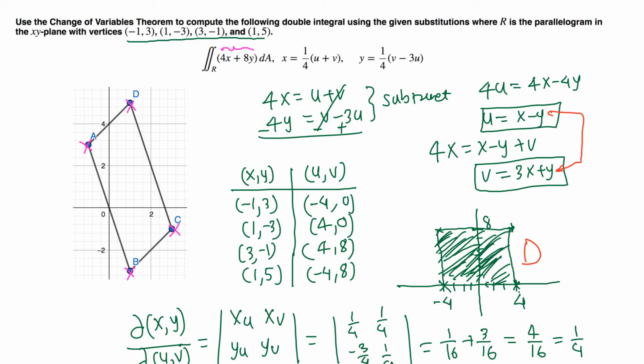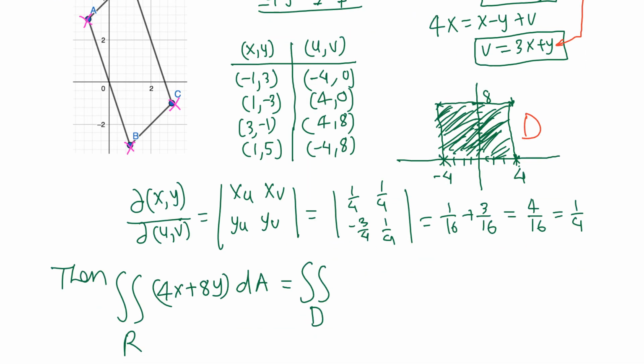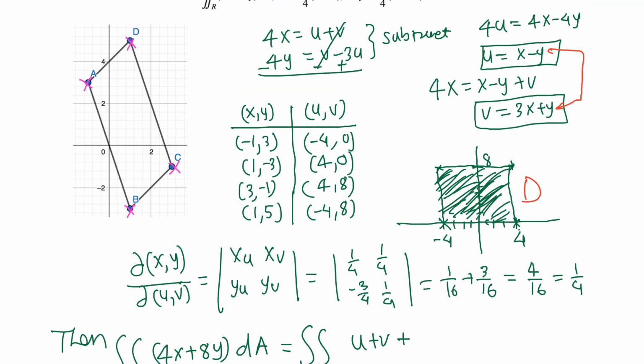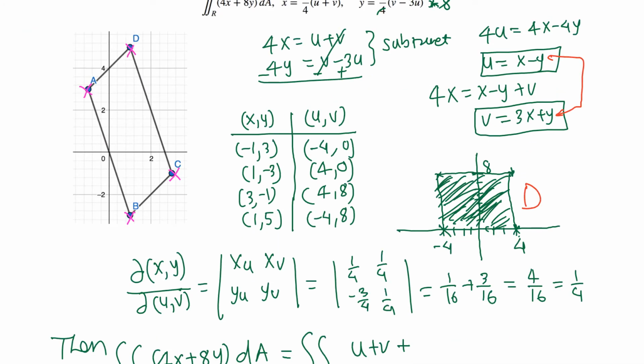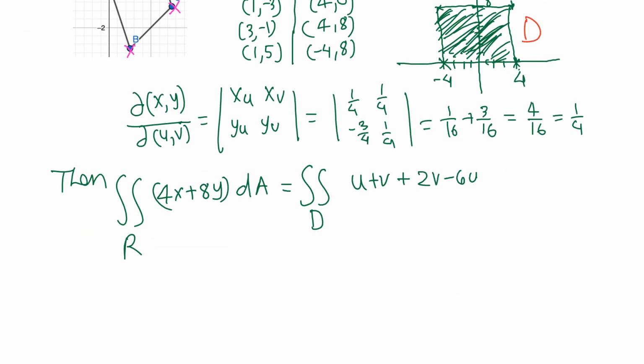So x is 1/4 quantity u plus v, so 4 times that is just u plus v, plus 8 times y. y is 1/4 quantity v minus 3u, so 8 times that, 4 goes twice, so 2v minus 6u, times the absolute value of the Jacobian, which is 1/4, dA in this new region.